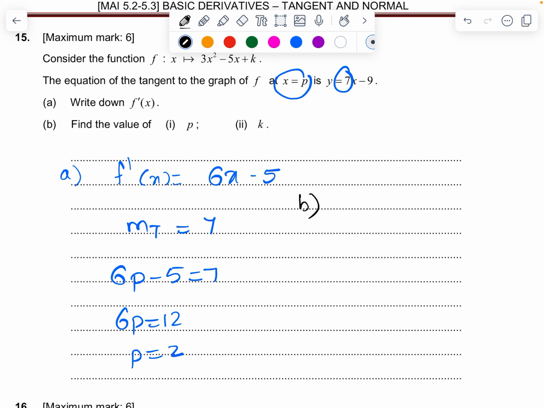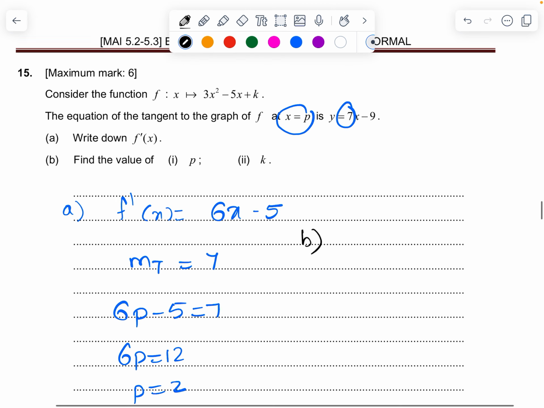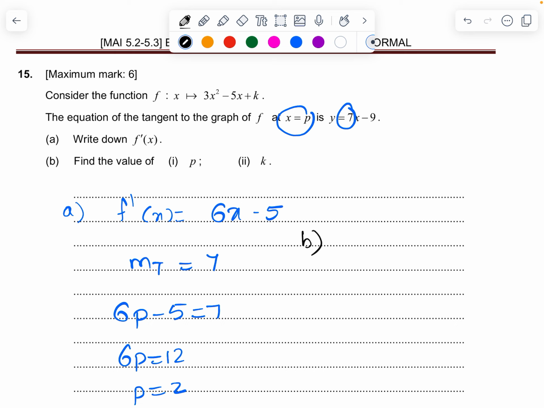Now for part B, I have to find the value of k also. So what am I going to do with that? I have to get the value of k. We know that 3x squared minus 5x plus k and the straight line will meet at one point.